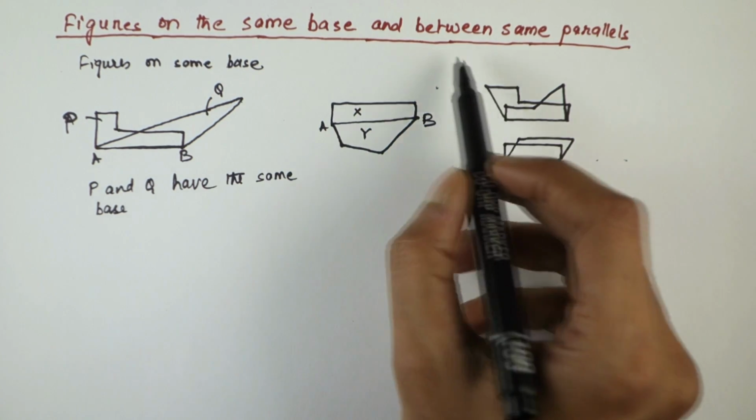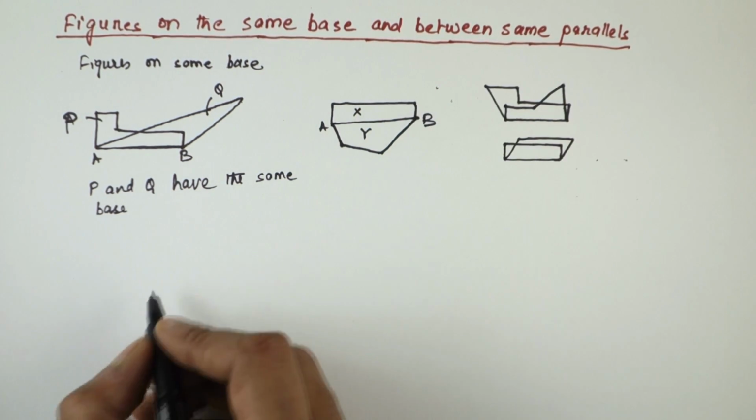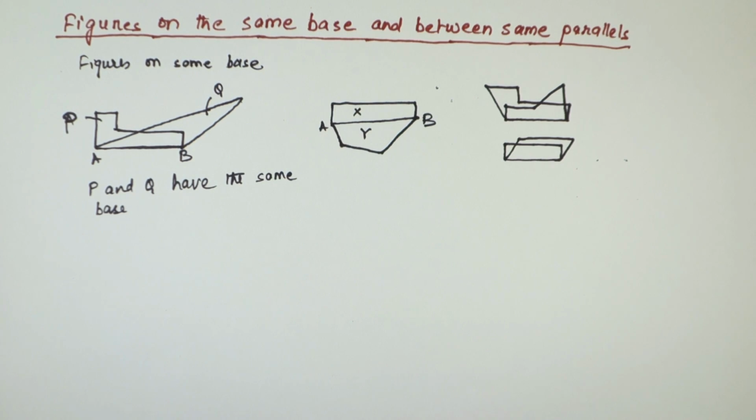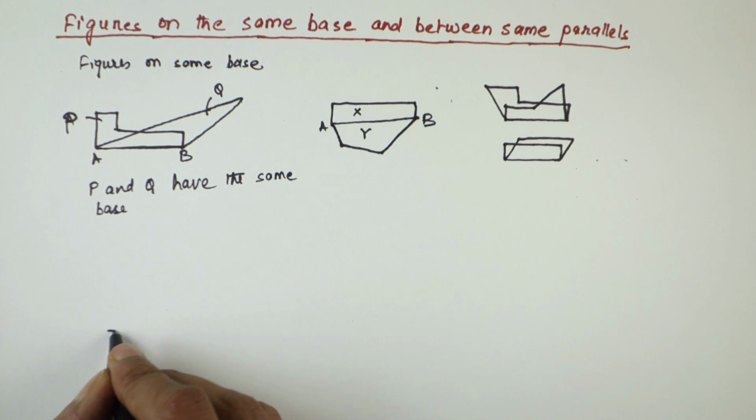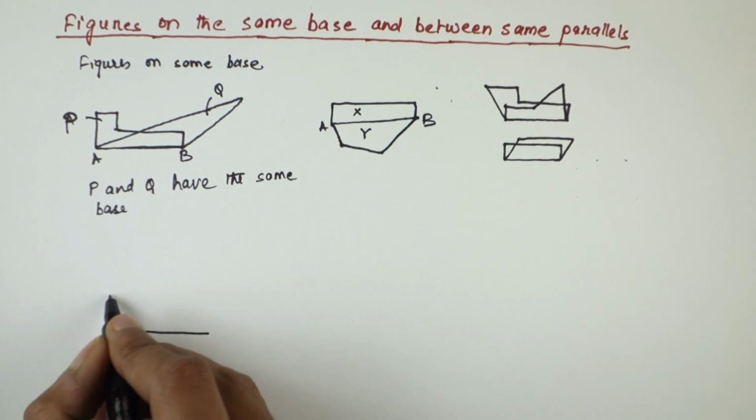Now let's add the next part of the statement, between the same parallel lines. So we'll draw figures which are on the same base and between the same parallel lines. Here's the first example. Let's first draw something which looks like a rectangle.